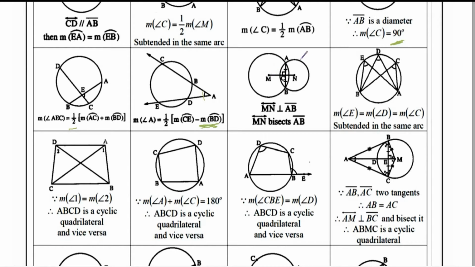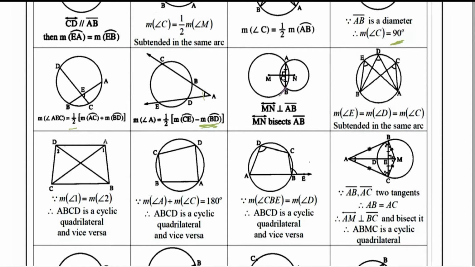If you have two intersecting circles here, M and N, intersecting at the 2 points A and B, what is the name of MN? MN is called the line of centers. And AB is called what?